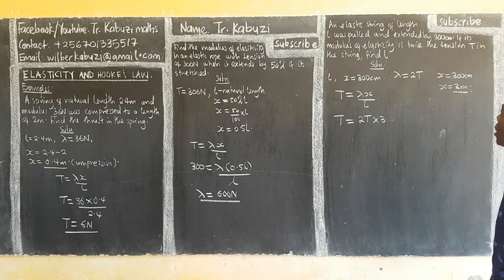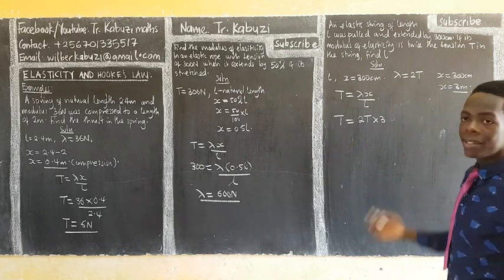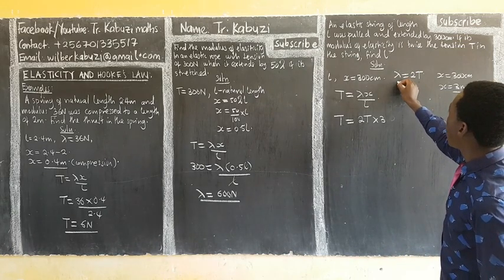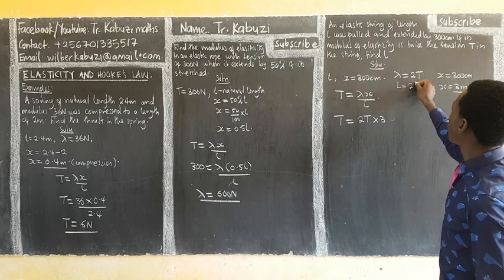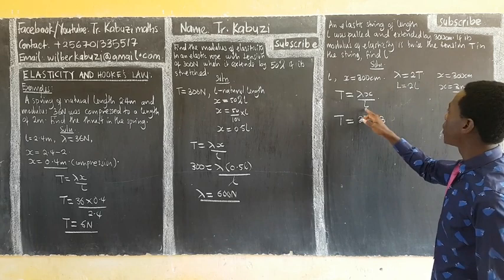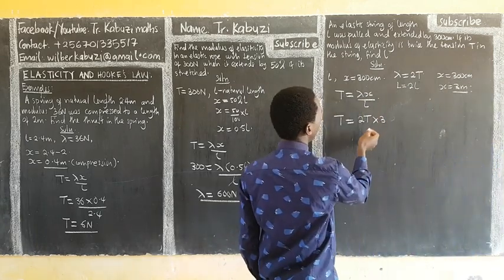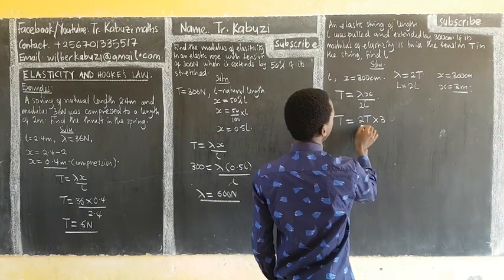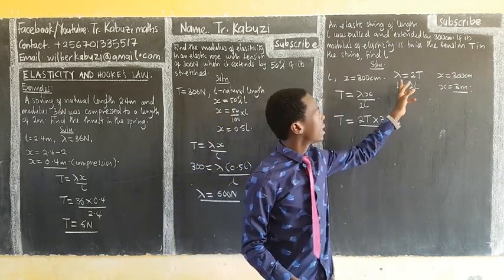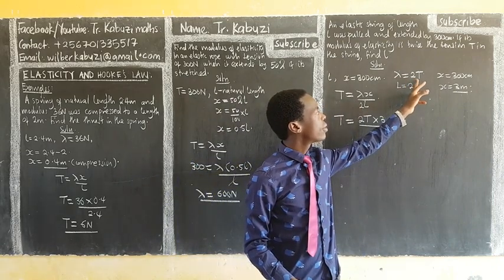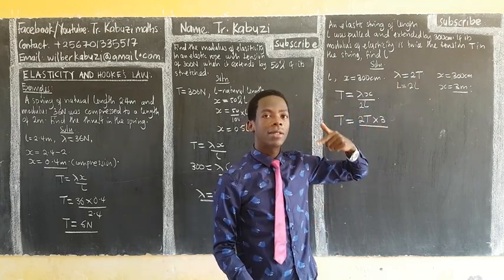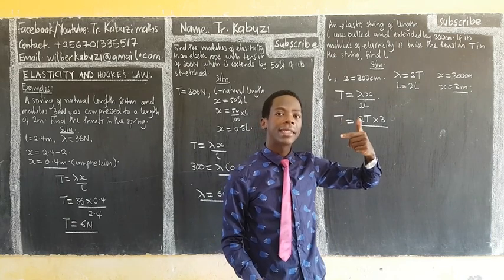But you see, when lambda is twice the tension in the string, it means that the length of that string is going to be twice L. Why? Because we say if lambda is equal to twice the tension of the string, it means that the length of the string is equal to the extended length.